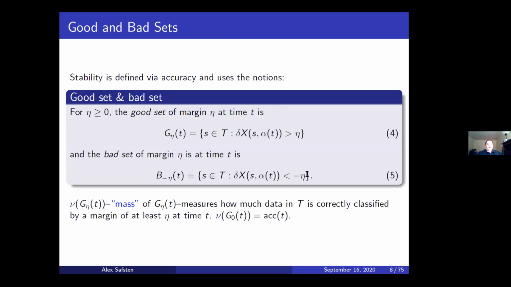And the bad set are the objects that are misclassified by a margin of negative eta. So delta X is less than negative eta. So nu of g eta of t is the mass of g eta of t, and it measures how much data in t is correctly classified by a margin of eta. And we'll note that nu of g0 of t is just equal to accuracy.